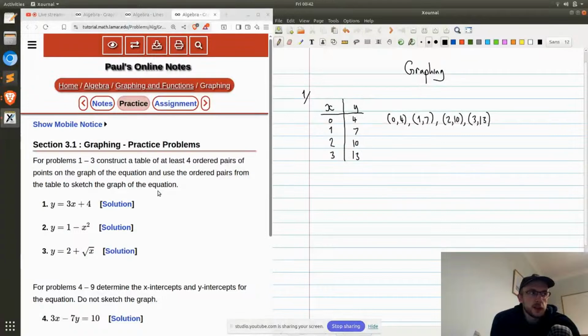When you sketch the graph of an equation using points, you should use precise graphs to precisely plot the points. We already know this is a straight line equation, and so we would just really be connecting these 4 dots together.